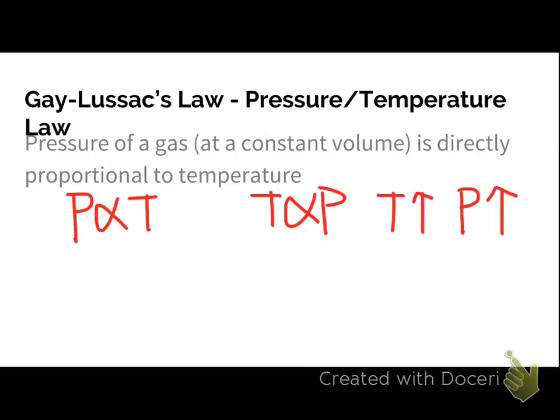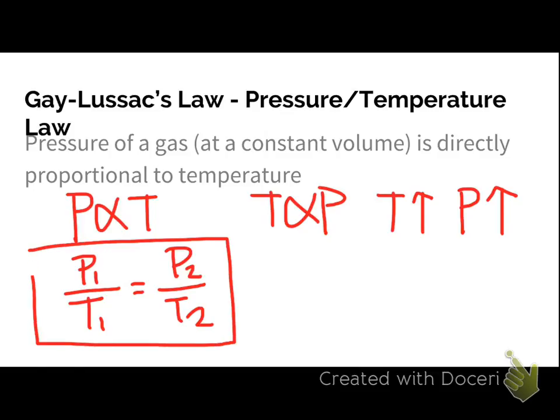So this is going to look very similar to the equation that we just did, where our volume and our temperature were proportional. Except now we're replacing that volume with our pressure. P1 over T1 equals P2 over T2. Third equation.